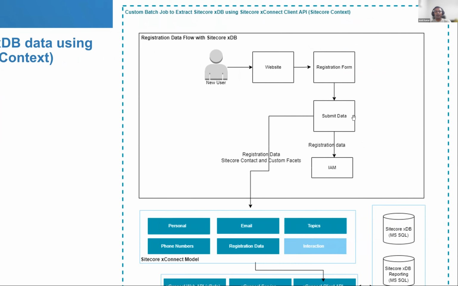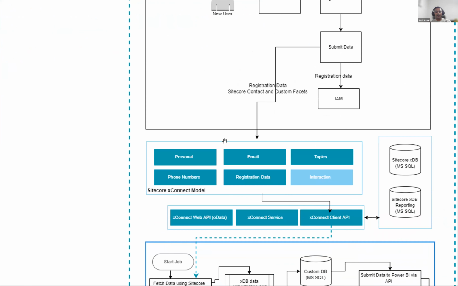Once you submit the data, you send first name, last name, and email to your IAM system, like an identity and access management system, for example Okta. Then they will send you the link to activate your account. In the meantime, you are also creating a Sitecore contact within Sitecore, a virtual user.